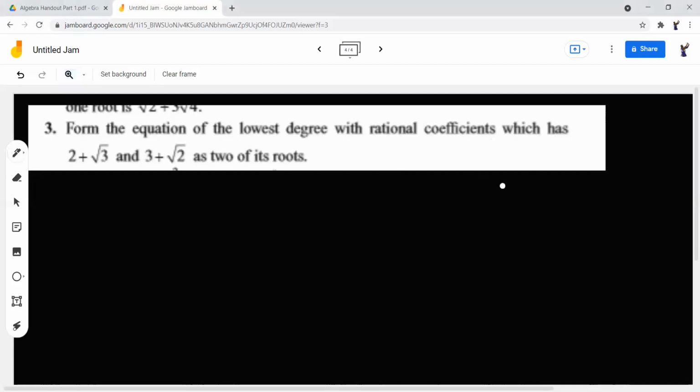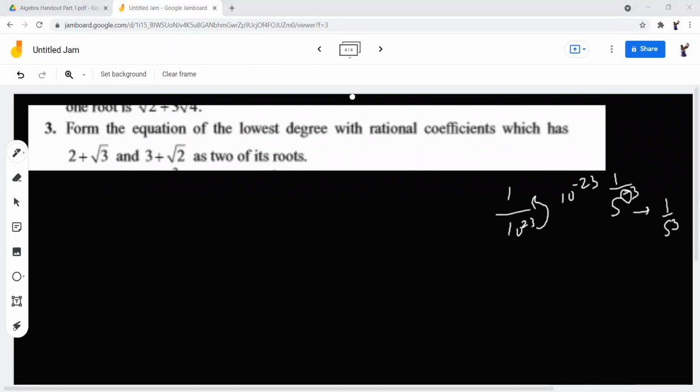I have a number 1 by 10 power 23. If I send 10 power 23 up here, it becomes 10 power minus 23. So if I have something like 5 power minus 3, I can write it as 1 by 5 cube. So this negative means denominator. 10 to the power minus 23 here.